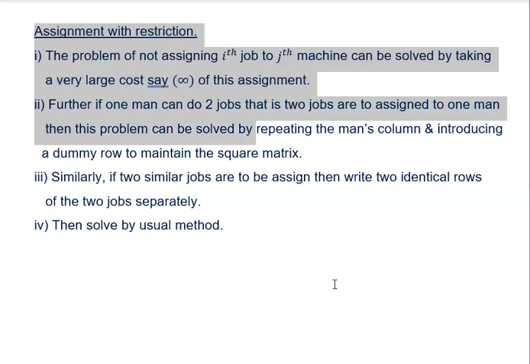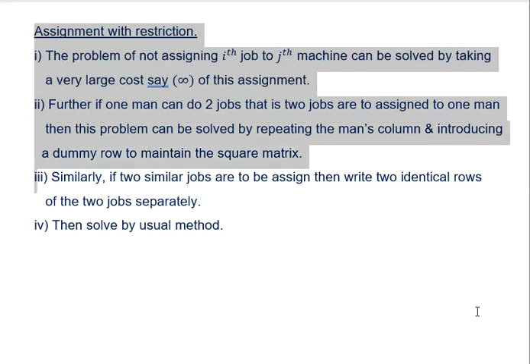How to solve? By repeating the man's column or the machine's column and introducing a dummy row to maintain the square matrix. In this way, two jobs can be assigned to one man or one machine.